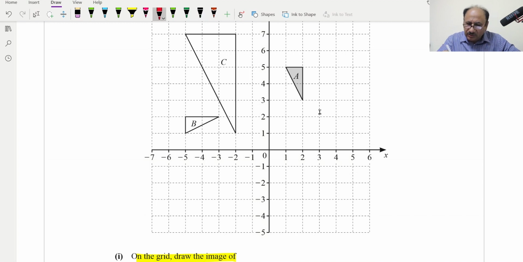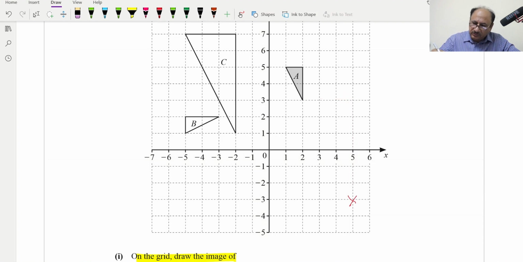So 3 units right, 1 2 3 units right to this one, and 7 units down will be 1 2 3 4 5 6 and 7 up to this mark. So I will mark over here.